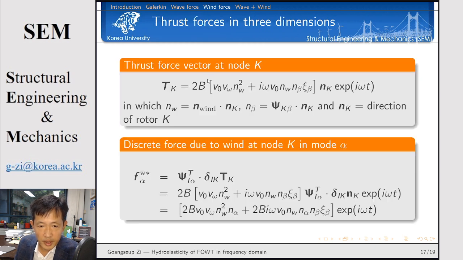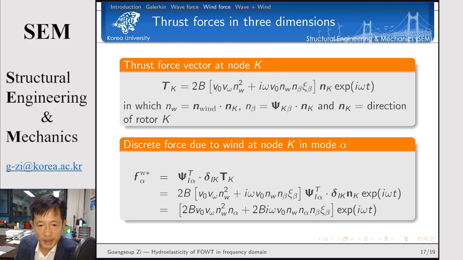Okay, so in three dimensions, we need to consider a vector. Here nk stands for the normal direction of the rotor point. And then for each point, we can calculate the thrust force vector like this.